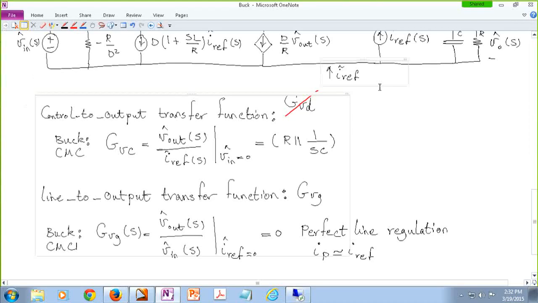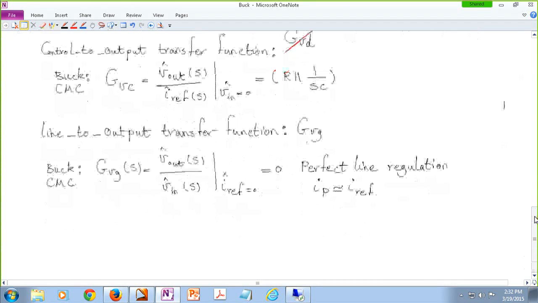So this was all about the buck topology, and I'm going to kind of generalize it to other topologies, for instance, the boost topology. So let's take a look at the boost. So first, let's generalize it.